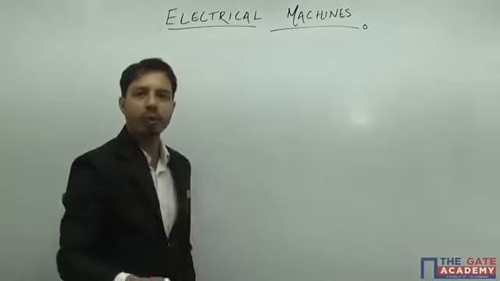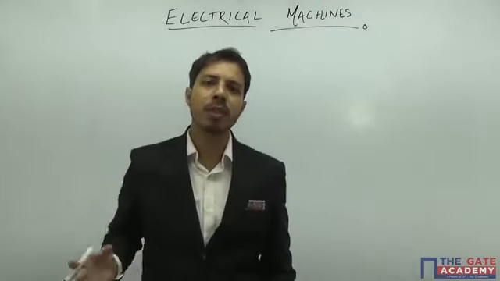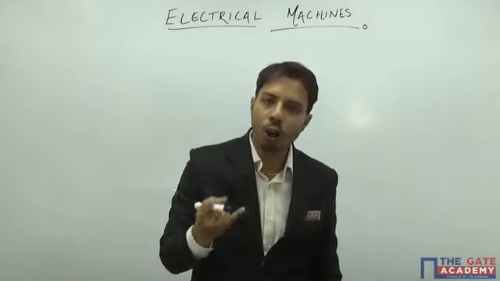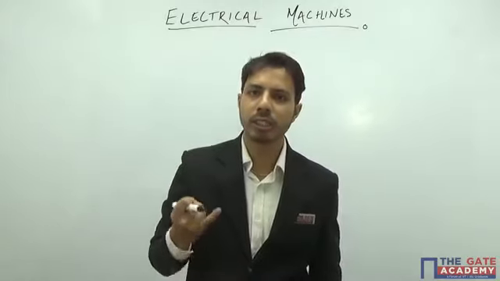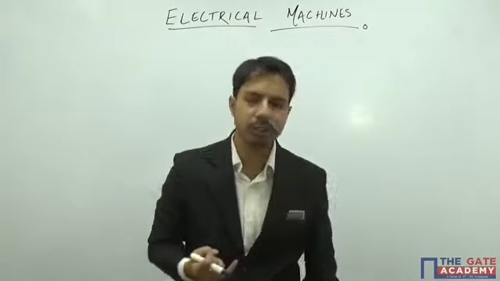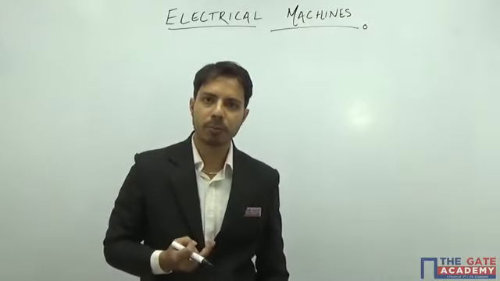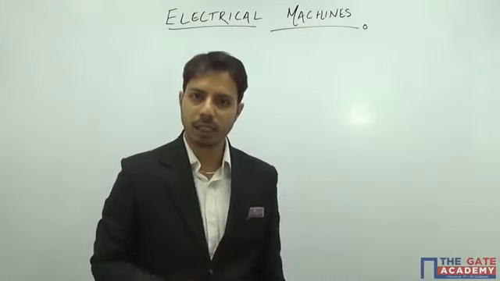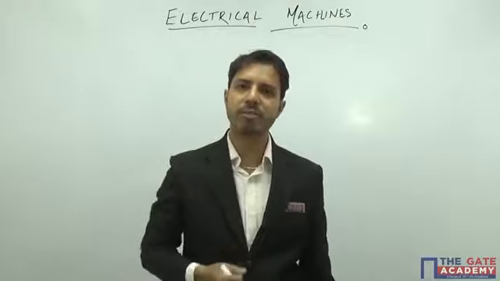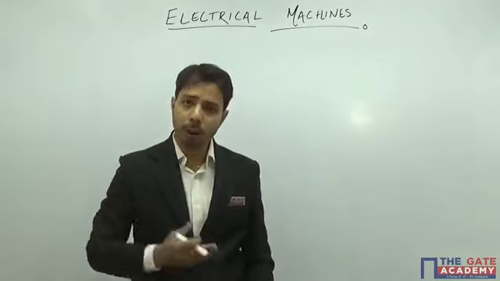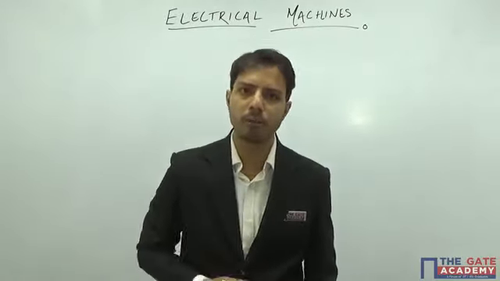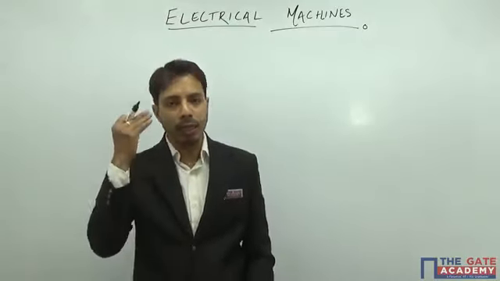Also, we are going to understand the basic laws and the conventions required to understand these machines, for example, right hand curl rule, Fleming's left hand rule and Fleming's right hand rule. When we talk about the laws, we talk about Ampere's law, Faraday's law, and Lenz's law.